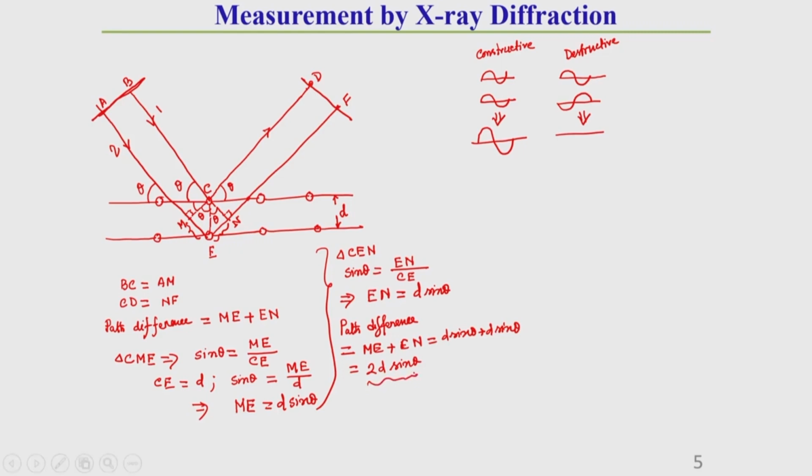Now, how is this 2 D sin theta equal to n lambda? This also you should know. So to get this idea, let us take the waves of 2 X-rays which are coming like this, both in the same phase.